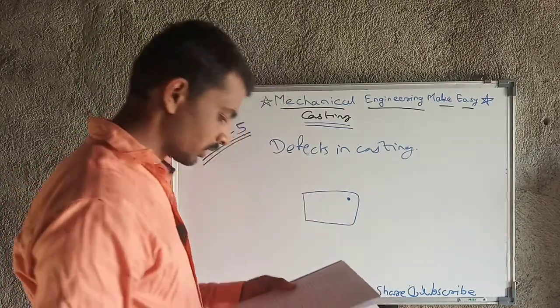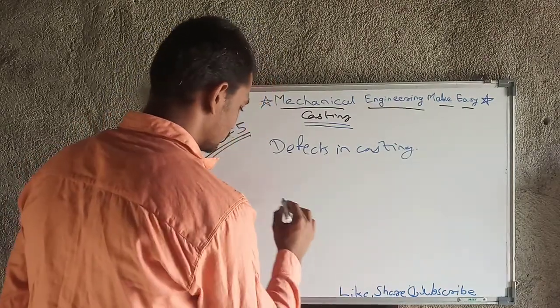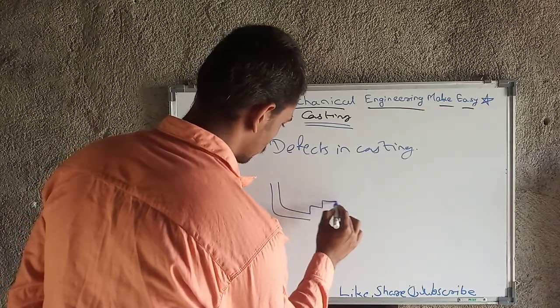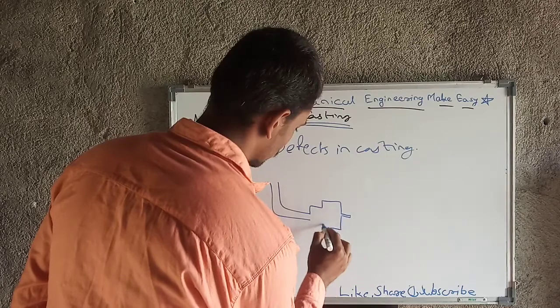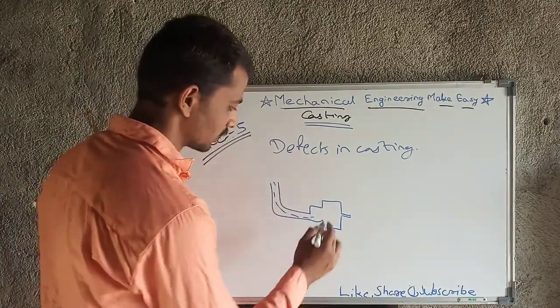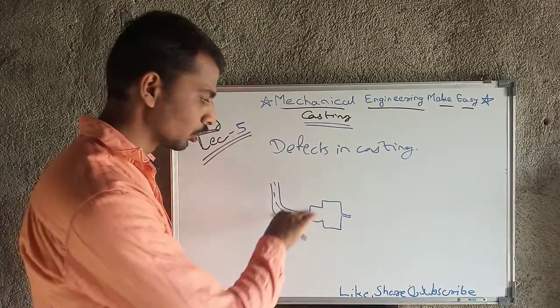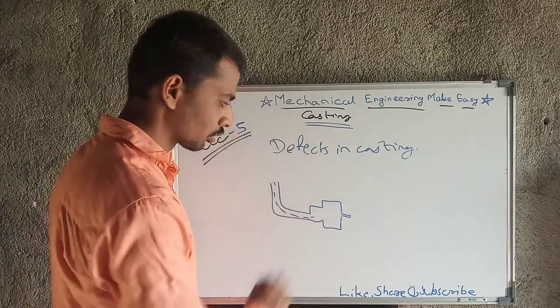Okay, then next is misrun. Misrun is the case where, if such a casting is there and molten metal is poured from this side, this is too small an area for the molten metal to go through, so there may be chances that the molten metal will not reach there.